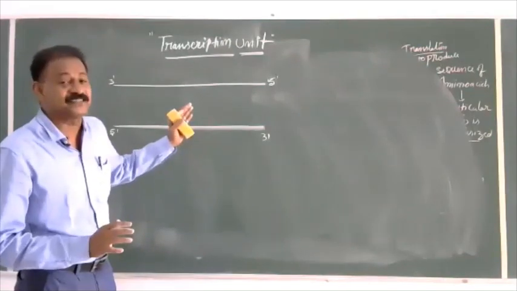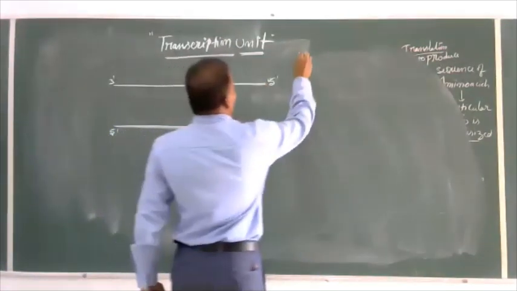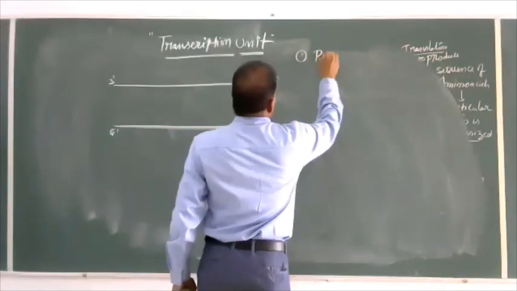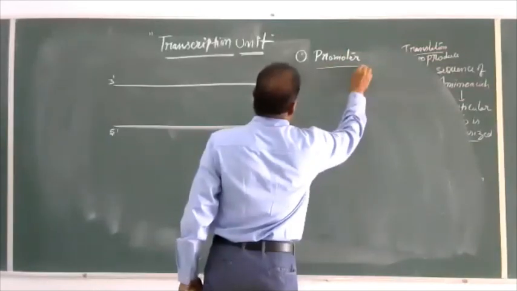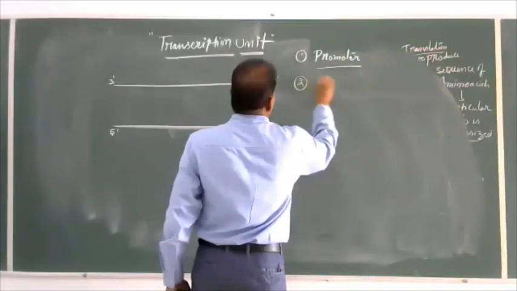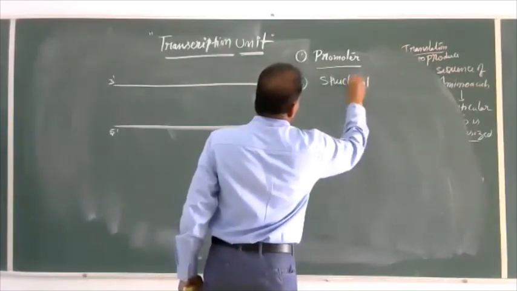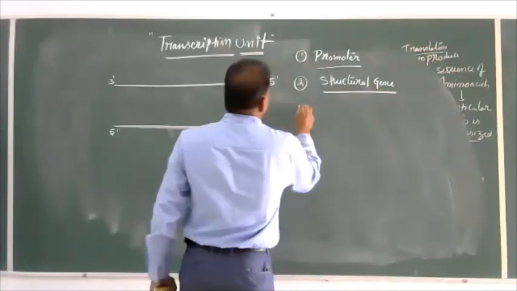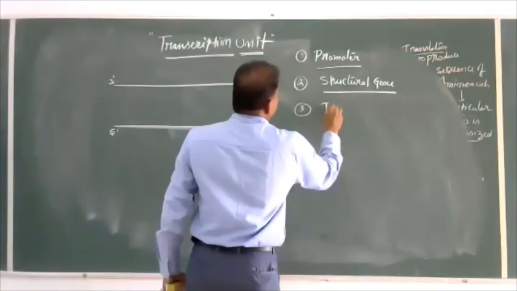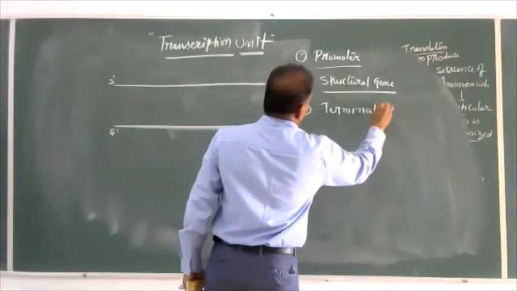And how can you say that is transcription? This transcription unit consists of three parts: promoter region or promoter site, structural gene, terminator region or terminator site.